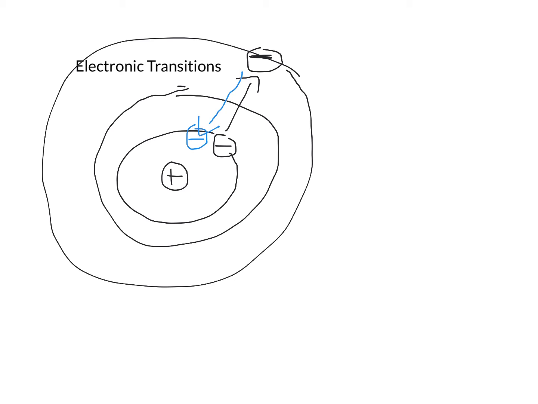And the frequency at which the light shines depends on how big the jump is. So different amounts of jumps give you different colors or different frequencies of light. And the spacing between the shells is different for every atom. So a particular jump in one atom will give one color, but in another kind of atom it would give a different color.